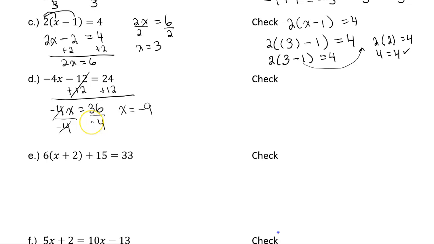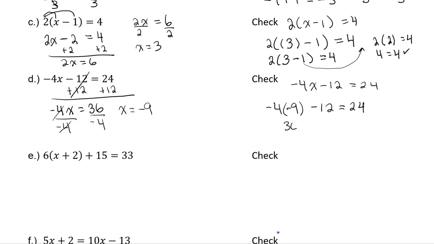All right, to check, we have negative 4x minus 12 equals 24. Now I'm going to replace the x with parentheses. So that's what I've done on that second step. And now I substitute in the negative 9 that we found in D. Negative 4 times negative 9, remember a negative times a negative is a positive.